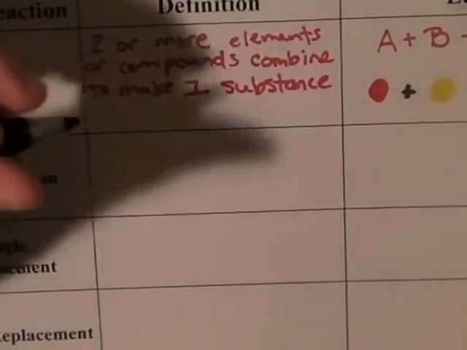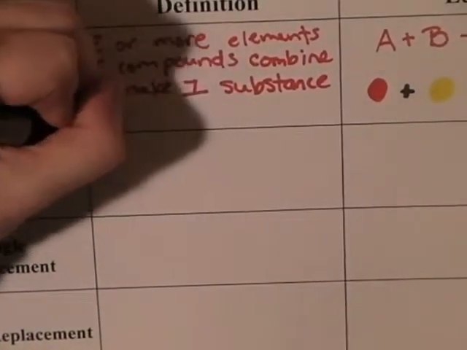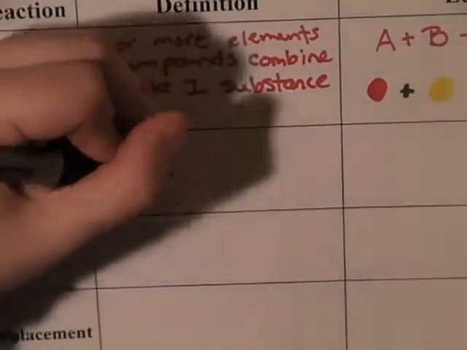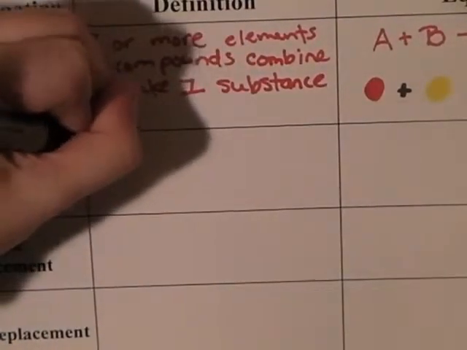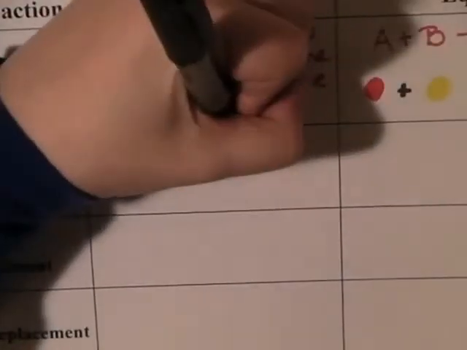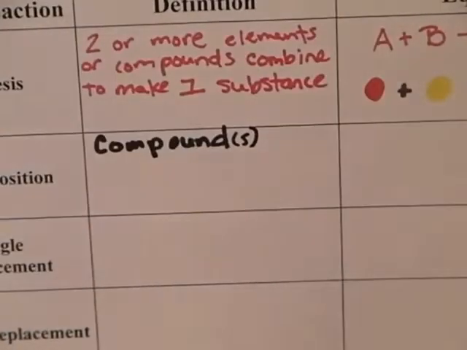So this one, and it doesn't necessarily have to be one compound, I guess. It could be two compounds that are all breaking down into the pieces that form them. So what I'm going to do is put compound. All right, hopefully you've seen this in English or something. I'm just going to put the S in parentheses at the end, so you know that it could be more than one compound.